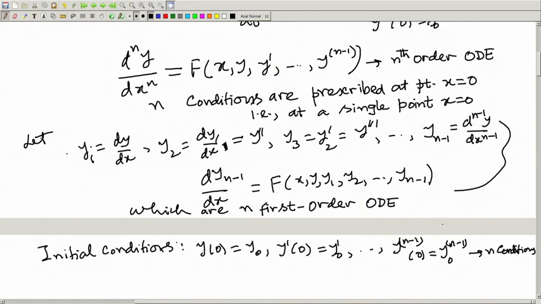So, this along with these equations constitutes the IVP.